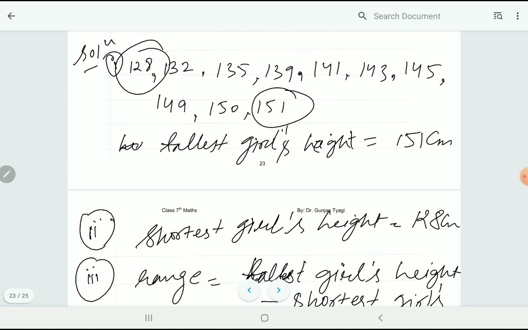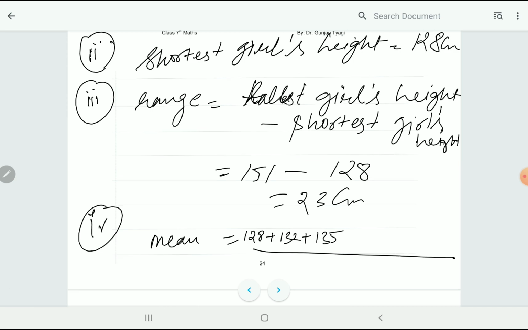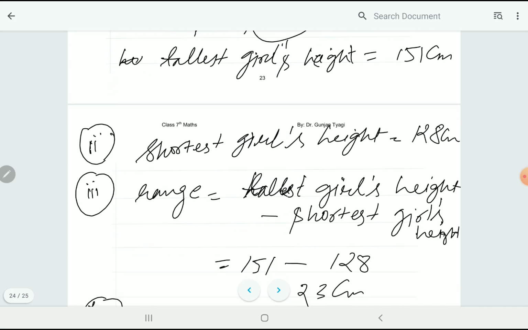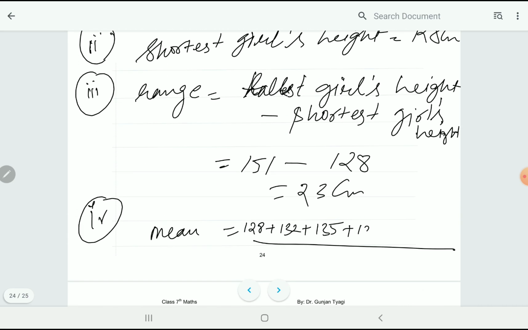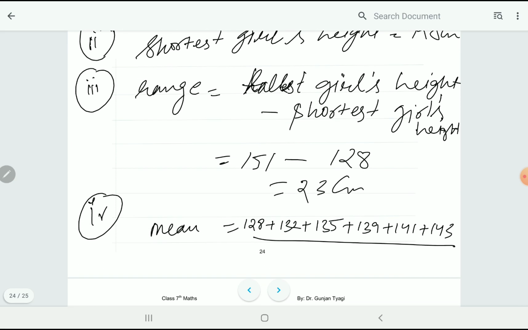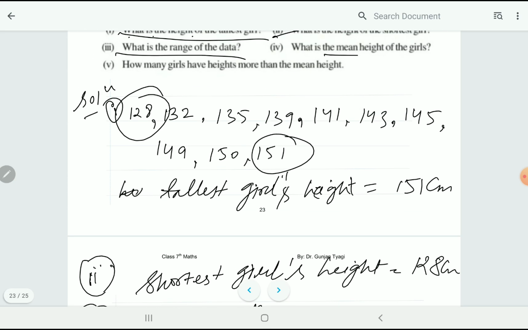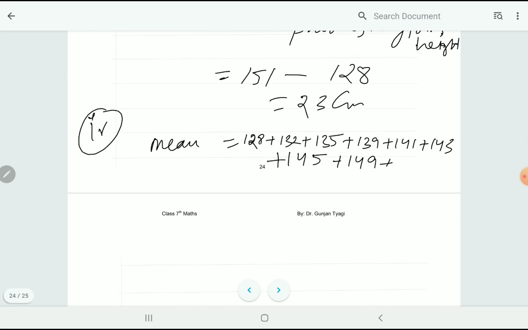So the heights are 128, 128, 132, 132, 135, 135, 139, 139, 141, 143, 145, 149, 150 and 151.